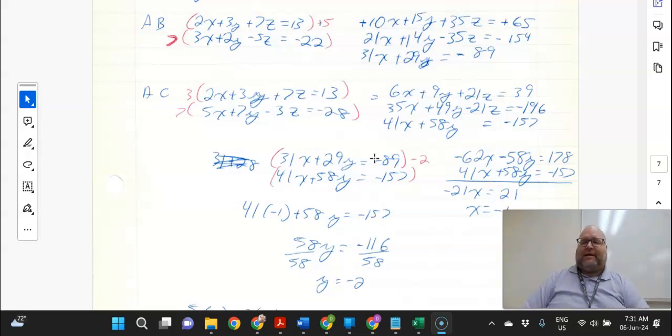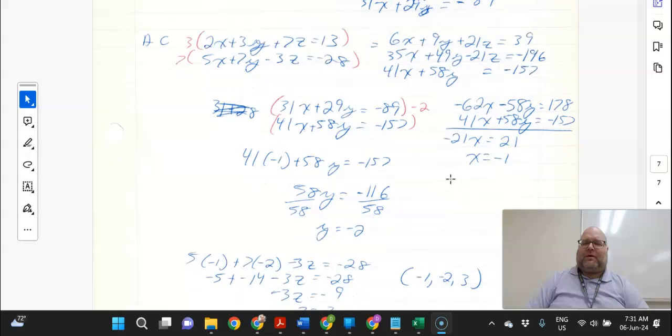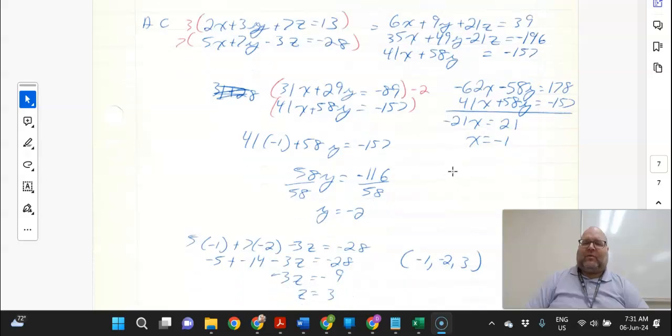So we have negative 62x minus 58y equals 178, plus 41x plus 58y equals negative 157. Negative 21x equals 21, or x equals negative 1.